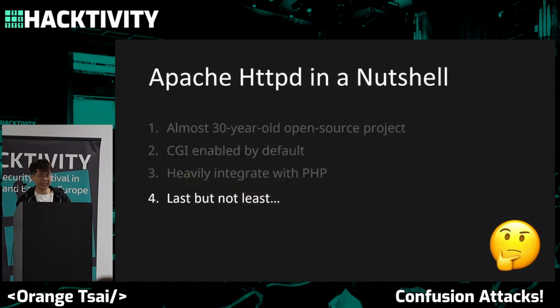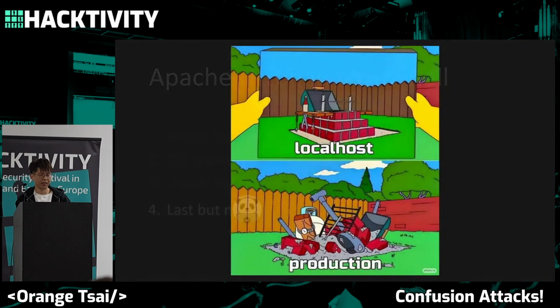And the last thing I want to highlight is, from my years working in offensive security, I find that websites that use Apache web server tend to have messier environments. In practice, a lot of Apache servers are hosting a lot of third-party applications, such as Tomcat or Nginx locally.